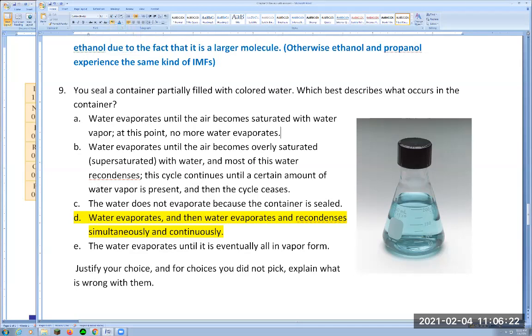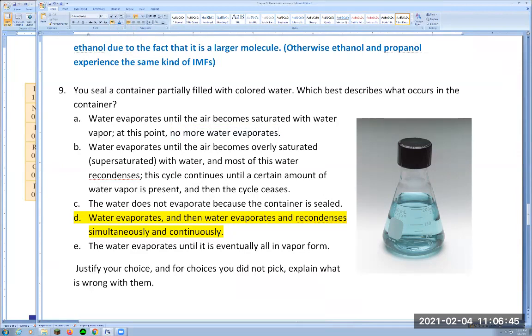That's what's not true, that no more water evaporates. The water will always evaporate and then recondense. As soon as there is vapor, then it recondenses, and you have what we call an equilibrium. So what was wrong here is no more water evaporates after a while.